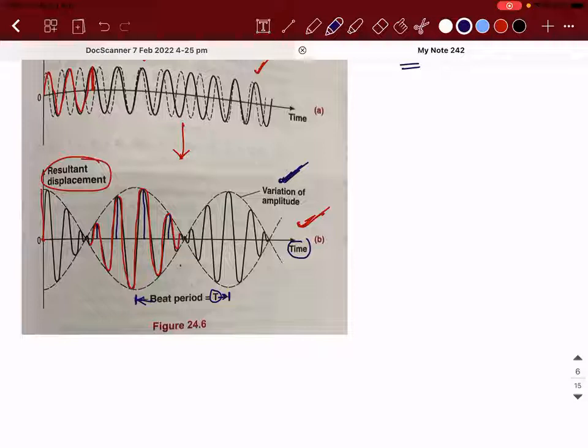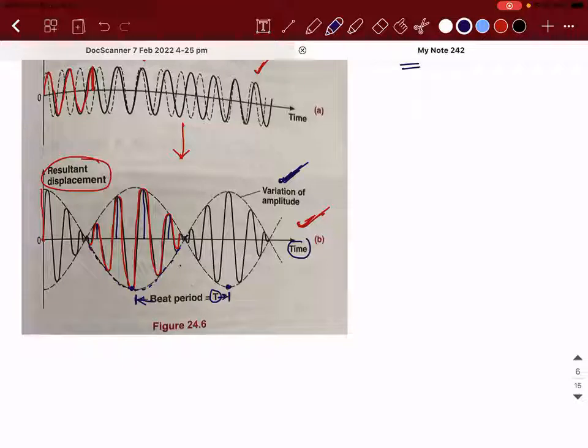Are you able to understand? Sir, which is one beat? From this part to this part. You're able to see this dotted line, right? So from the dotted line's crest to the other crest.